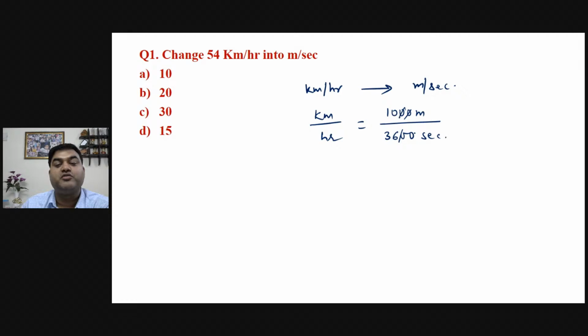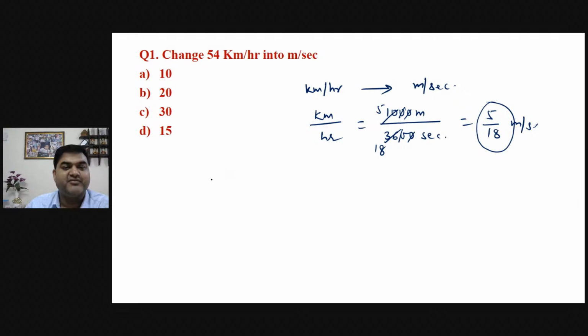So double zero gets cancelled. 2 times 5 and 18, so 5 by 18 meter per second. Just remember this part: whenever kilometer per hour has to be changed to meter per second, it has to be multiplied by 5 by 18.